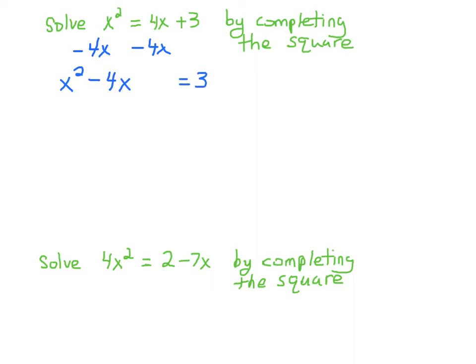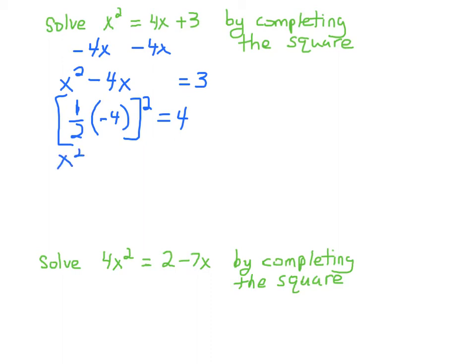So now I want to complete the square there, so I'm going to say one half times negative 4, and I'm going to square all that. So half of negative 4 is negative 2, negative 2 squared is 4. So I'm going to add 4 to both sides.